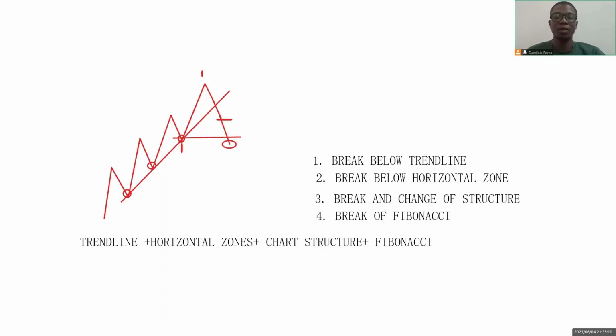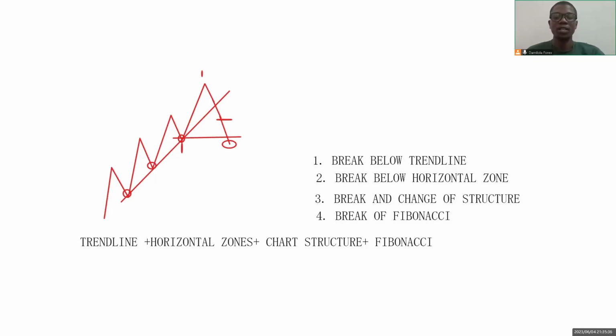Remember that a bullish structure is a combination of higher highs and higher lows, and a bearish structure is a combination of lower highs and lower lows. Also, there's been a break of Fibonacci, because I always check that price should have broken the 61.8. Once I see everything together, then I go ahead and enter my trade.